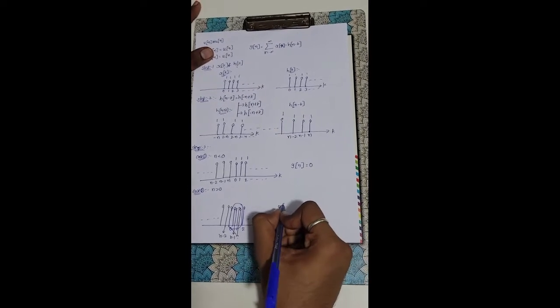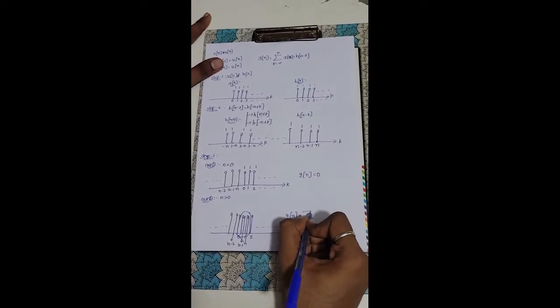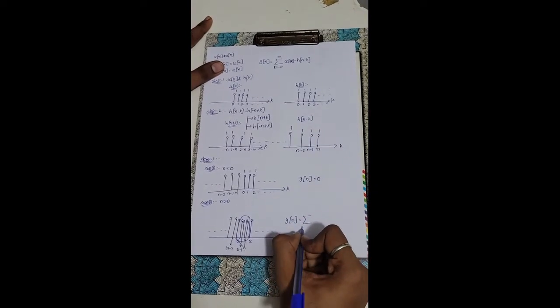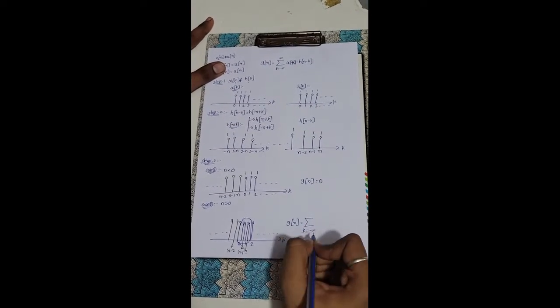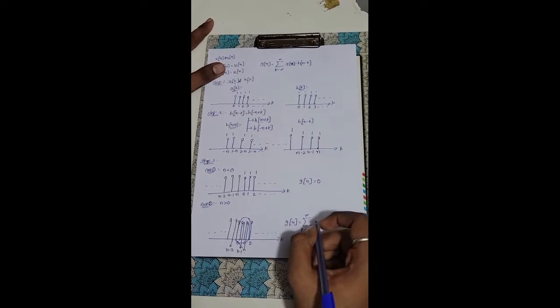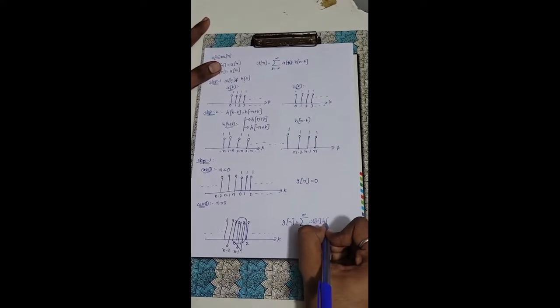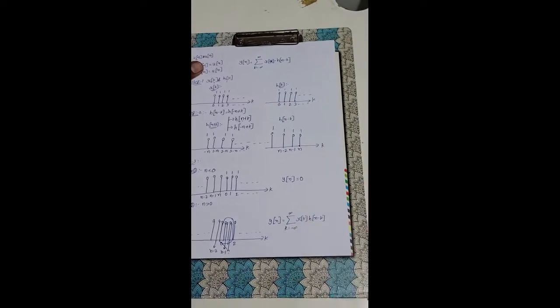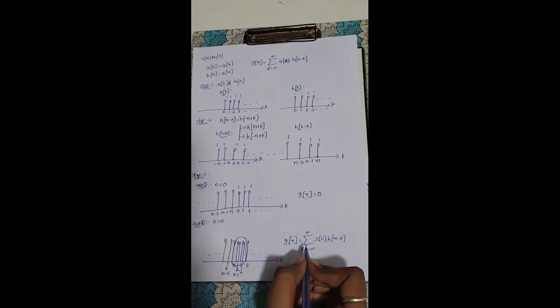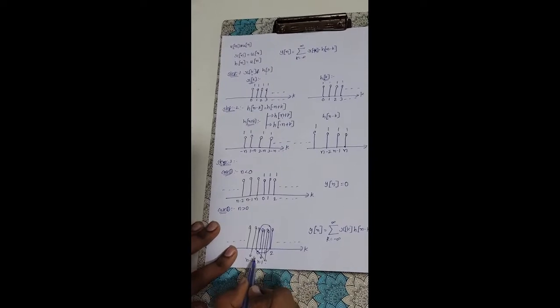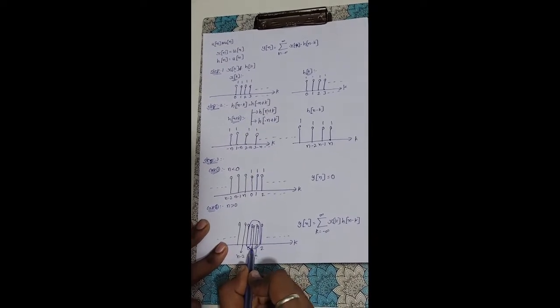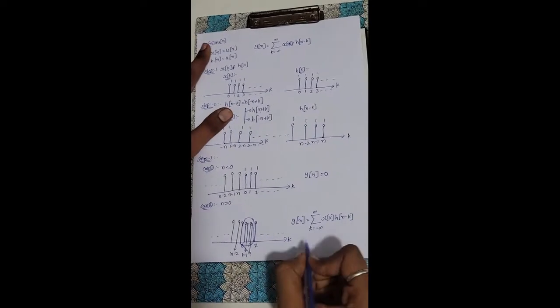So we can write y of n is equal to summation of k equals minus infinity to infinity of x of k and h of n minus k. If you see here, the common part is only from 0 to n.